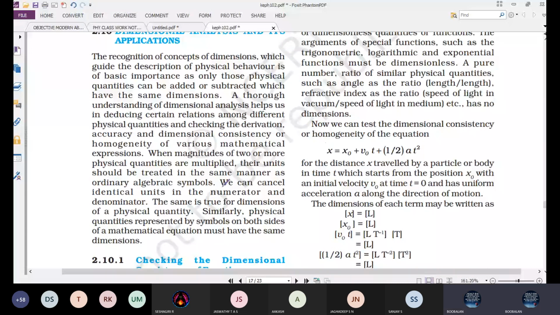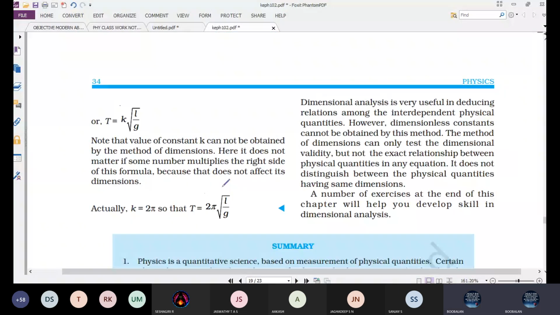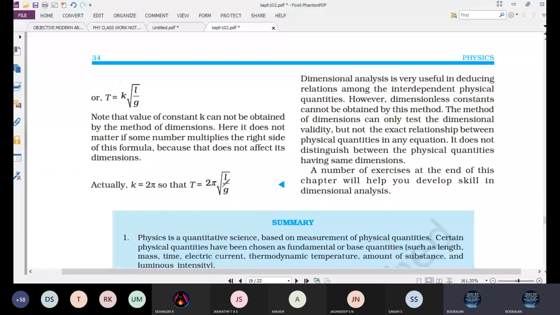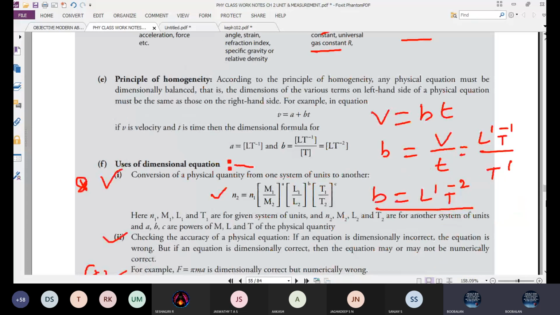Okay. So almost we completed chapter number 2. Okay, now your work: you read minimum 2 or 3 times in your NCERT book. If you want any notes, you can ask me. I will share with you. Maximum in this PDF, you will get all types of notes. Now I will share it with you.